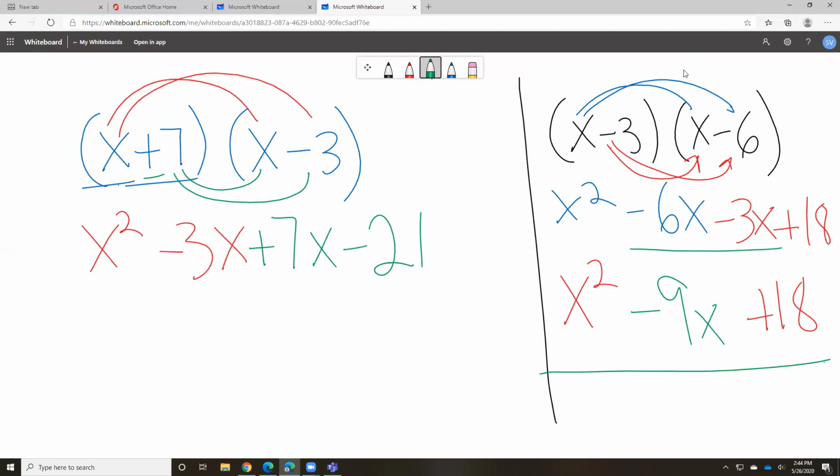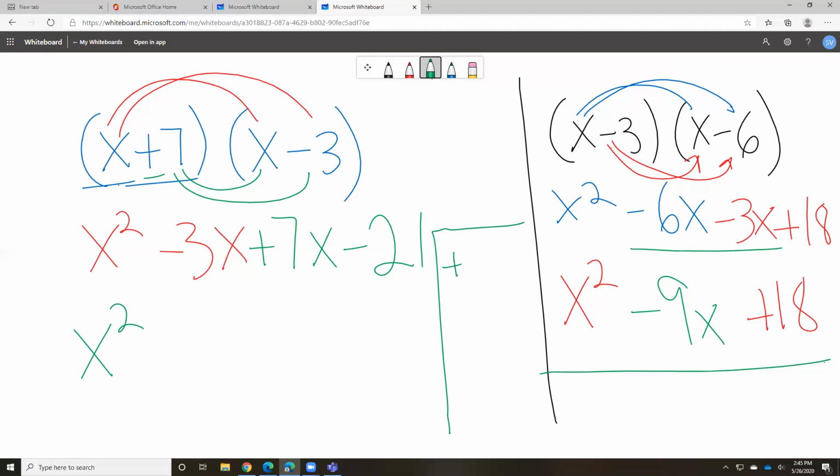All right, let's combine like terms. X squared over here, negative 3x plus 7. We're not actually adding. It is better if we do it on the side. Side note, and I'm gonna start with the 7x.